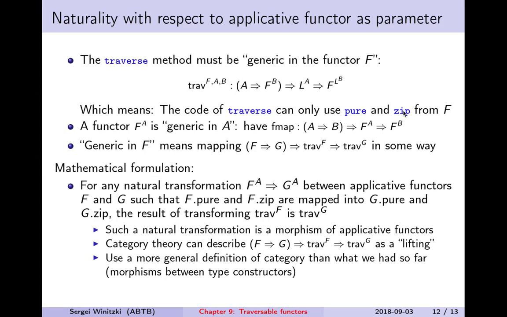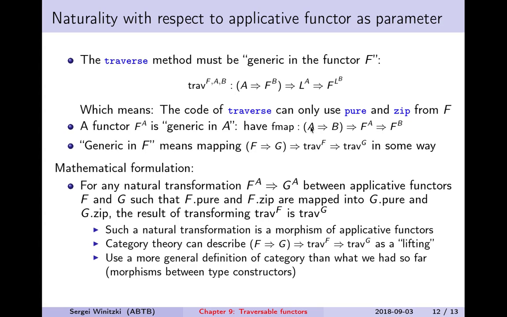And recall how we dealt with a similar problem when we discovered functors. A functor is a data container that is generic in the type of the data that it holds. And the map function, or fmap, is a function that cannot use specific type information about A or B. It must manipulate this data blindly with no change.